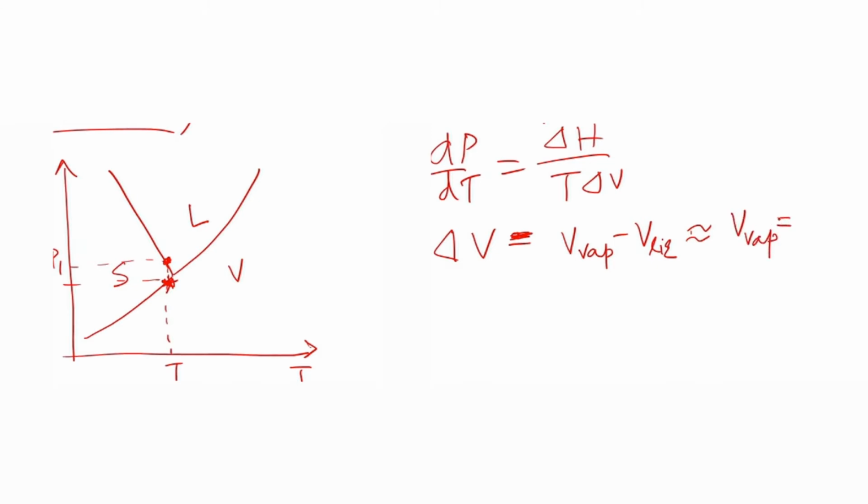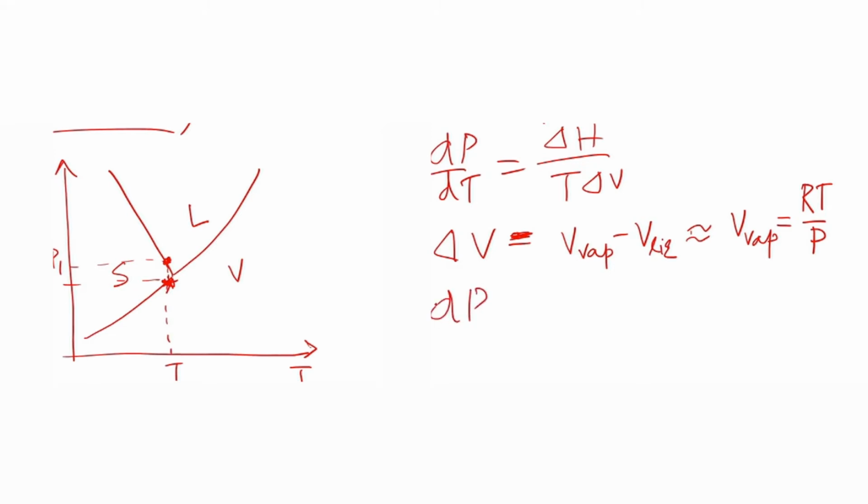And normally vapor will follow what? The universal gas law. So that means for 1 mole I can write down PV is equal to RT. So V vapor is equal to RT by P. Correct. Now, plug this into the equation.